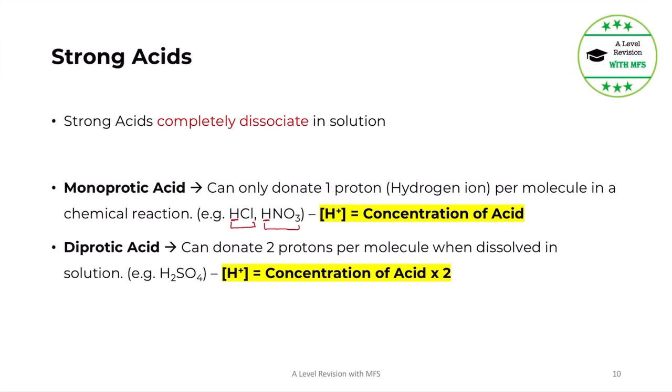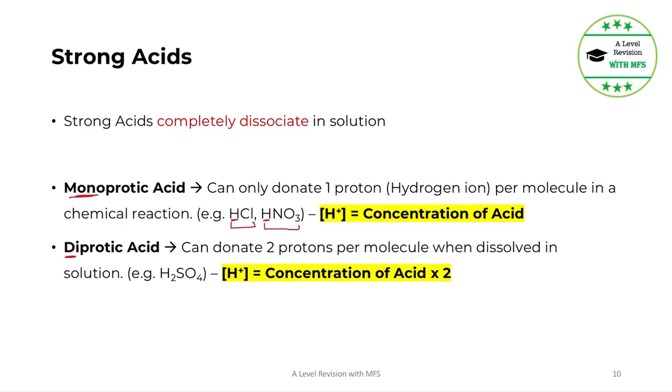So in our last video, we looked at Bronsted-Lowry acids and Bronsted-Lowry bases. A monoprotic acid can only donate 1 proton or hydrogen ion per molecule in a chemical reaction. Okay, now a diprotic acid, key that di, and we've got mono here.